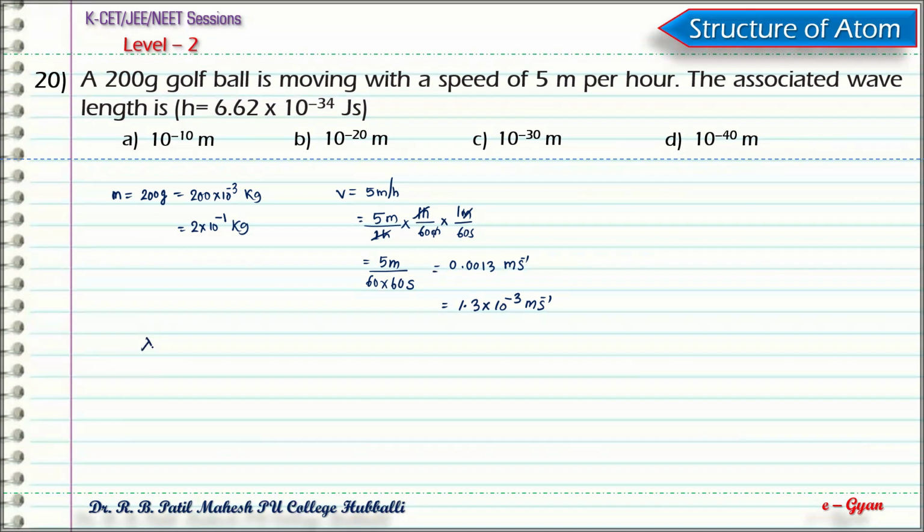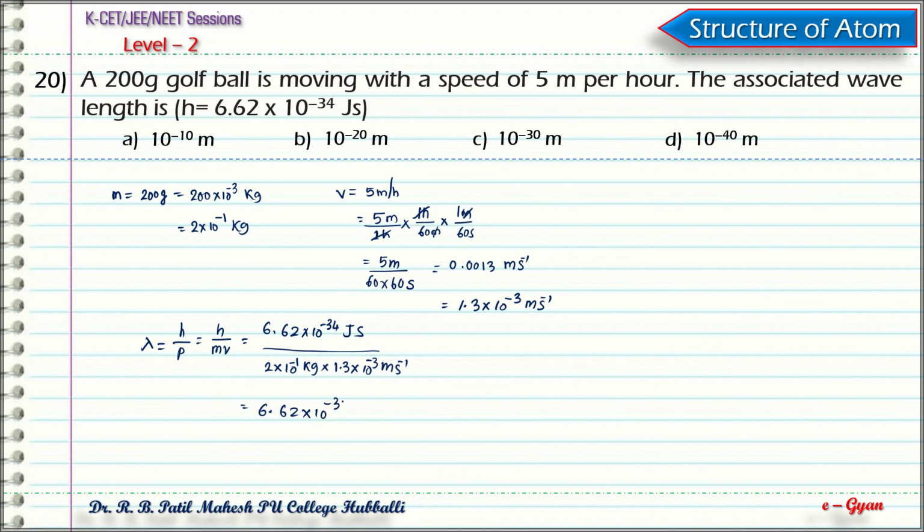So we can substitute the value to get the wavelength. De Broglie's wavelength is equal to h divided by p, which is h divided by m into v, which equals 6.62 into 10 to the power minus 34 joule seconds divided by mass 2 into 10 to the power minus 1 kg into 1.3 into 10 to the power minus 3 meter per second, which equals 6.62 into 10 to the power minus 34 as it is into 10 to the power plus 1 into 10 to the power plus 3.